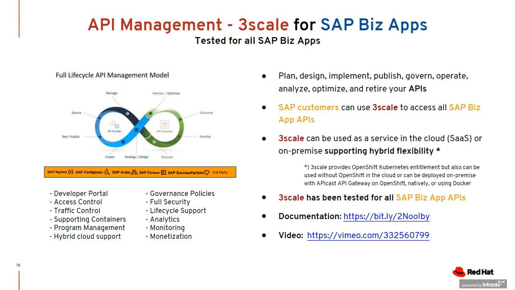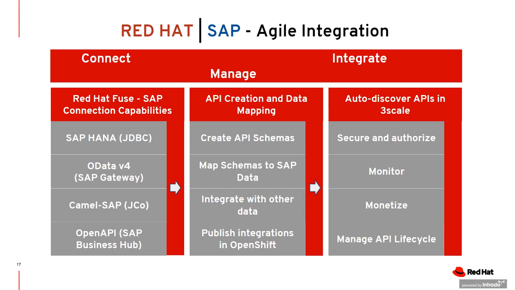So, in summary, with our tools, with Red Hat Fuse, for example, you can access SAP data, SAP HANA, directly, or you can access SAP S/4HANA on the application service layer with OData, the protocol that SAP supports.